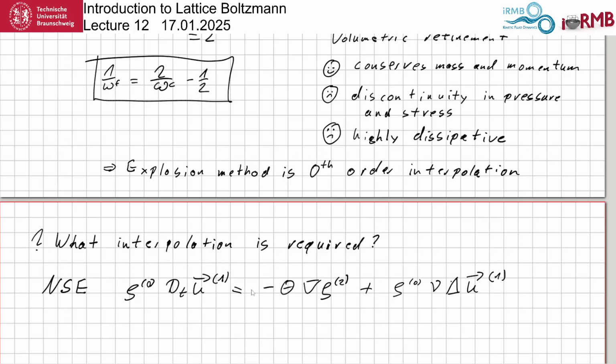So in order to fulfill this equation, we need to be able to reproduce a gradient in density, and a second derivative in velocity. Otherwise, we are not representing this equation correctly.